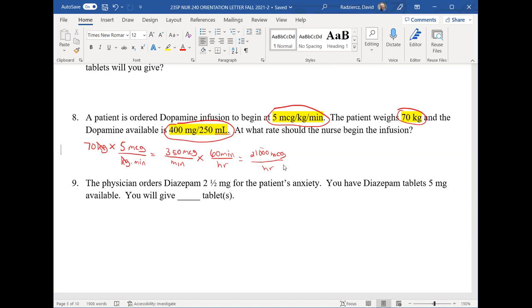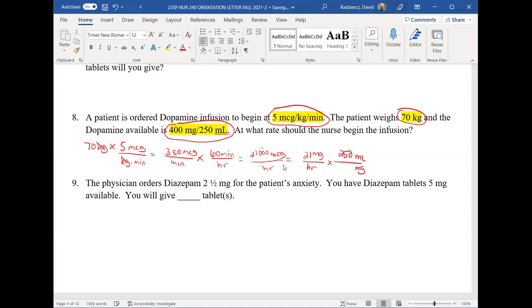You could show your work with this, or if you already know that you just divide by 1,000, 21,000 micrograms is the same thing as 21 milligrams per hour.